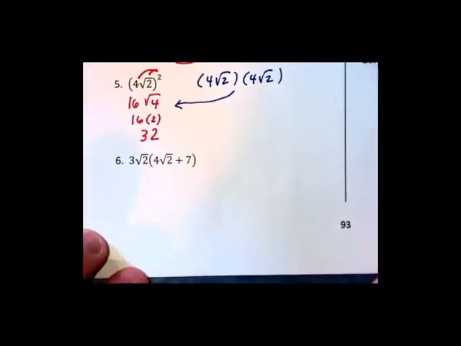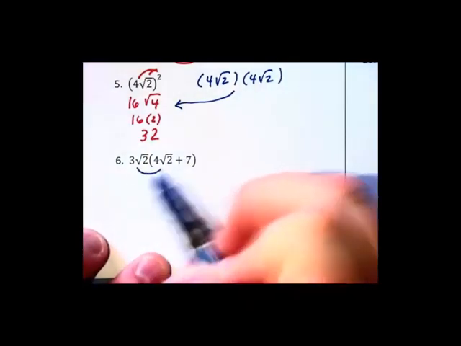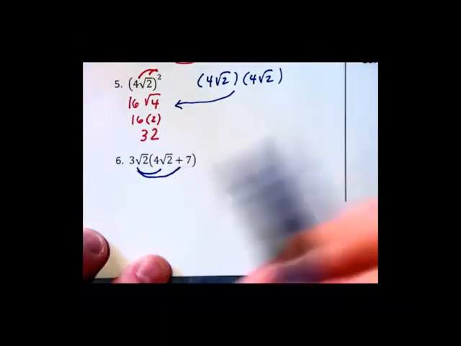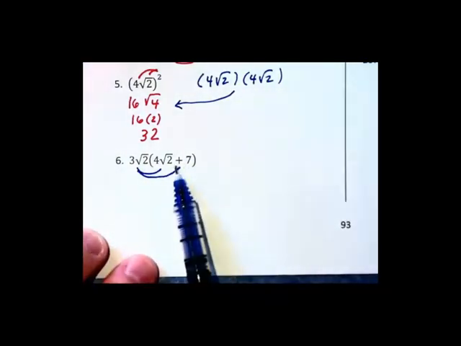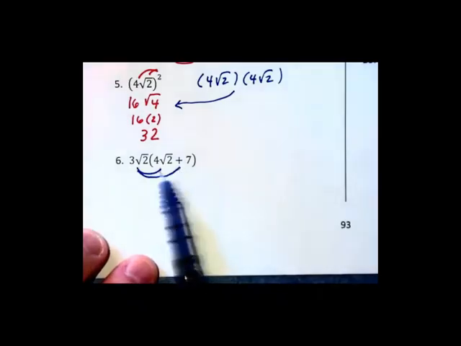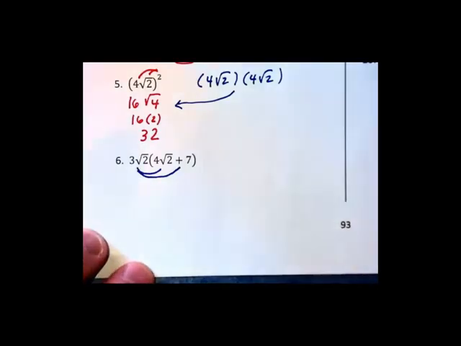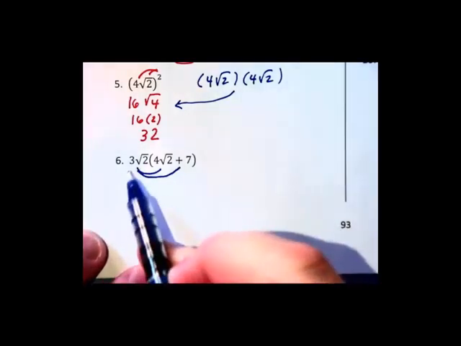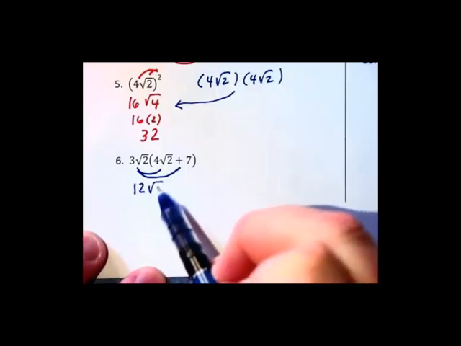After you've got multiplication down, we then move on to distribution problems. The 3 root 2 outside the parentheses will multiply by the two terms inside the parentheses. It was that plus inside the parentheses that told us we had a binomial there, and that's what told us we had distribution to do. So we've got 3 root 2 times 4 root 2 makes 12 root 4.